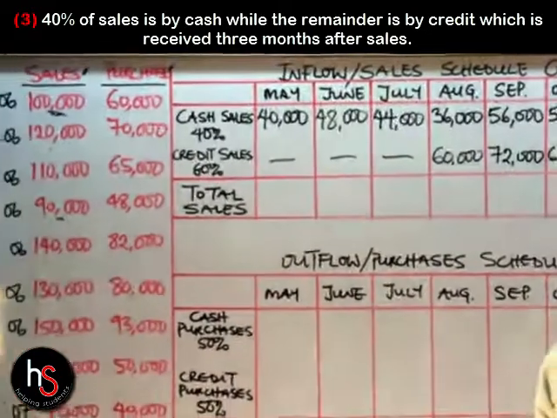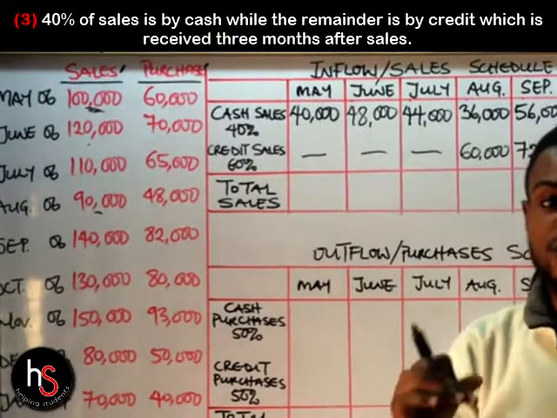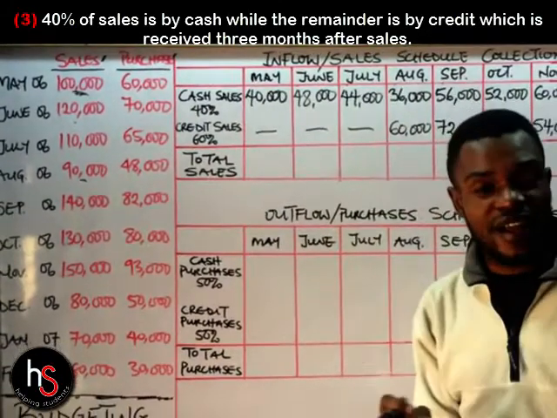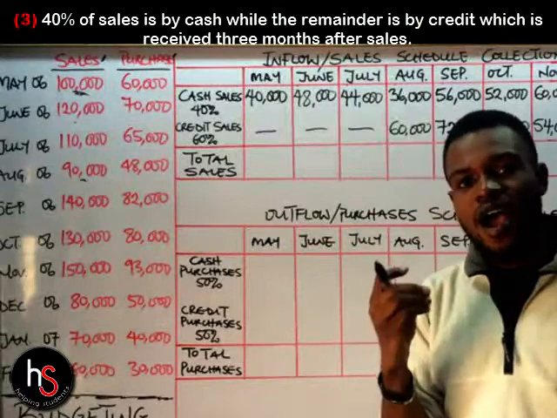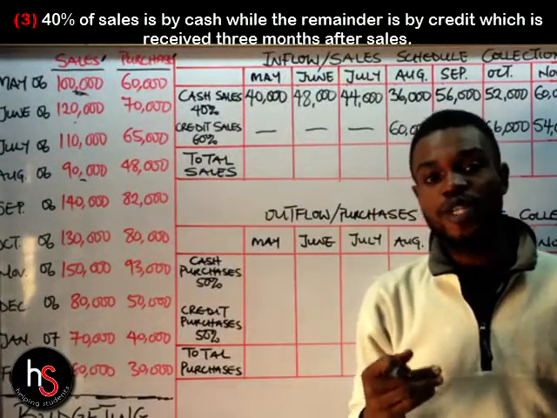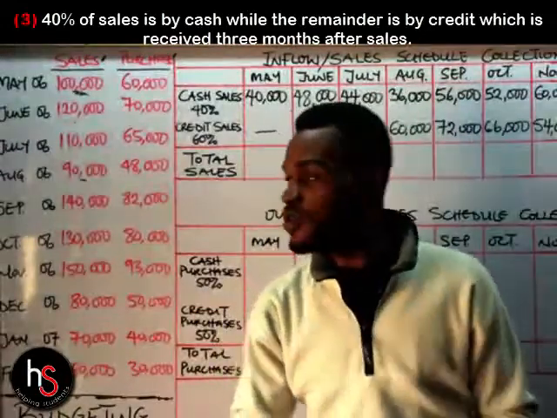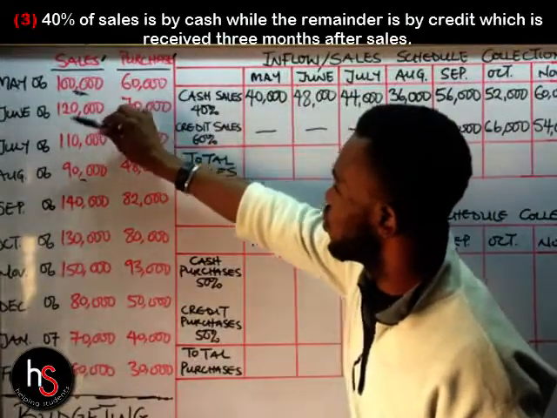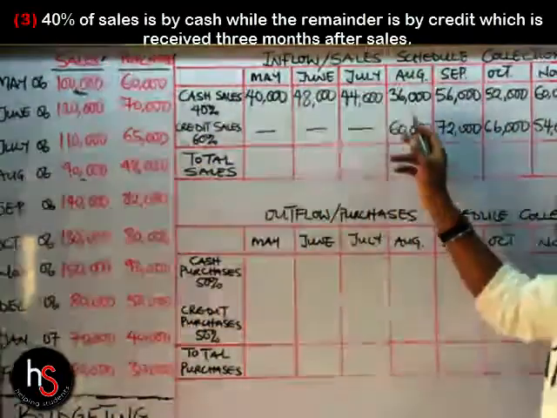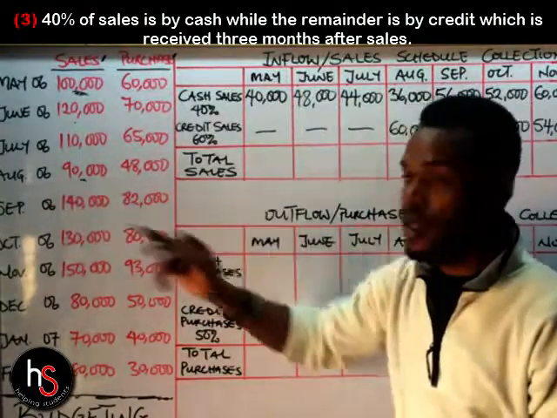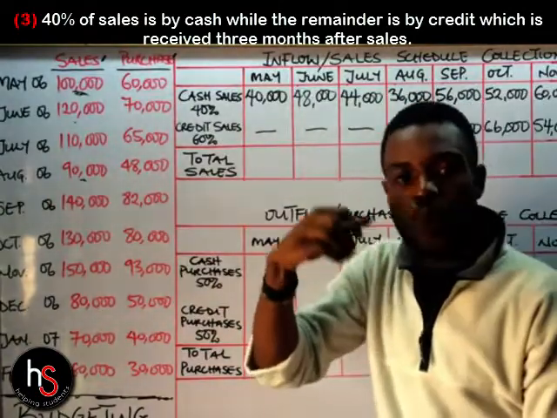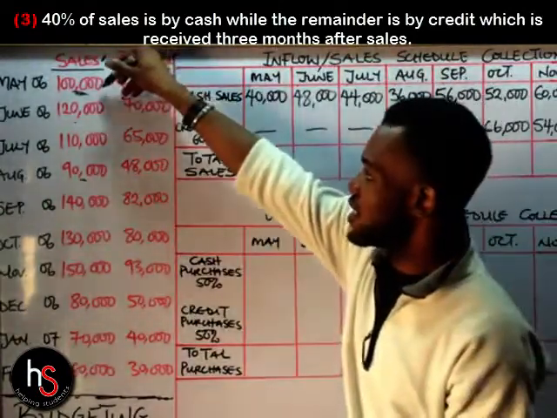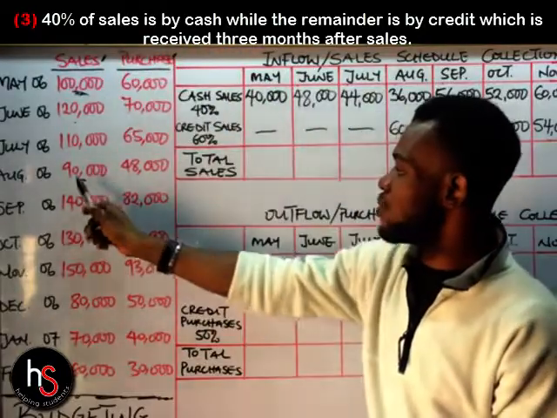So, let me repeat it one more time. Since the cash sales was 40% and the credit sales was 60%, and we are told that the 60% was paid 3 months after sales. So, 1, 2, 3 months is off. 3 months after sales is in August. Because the payment or the worth of that goods was 100,000 in May, and the payment was made in August.